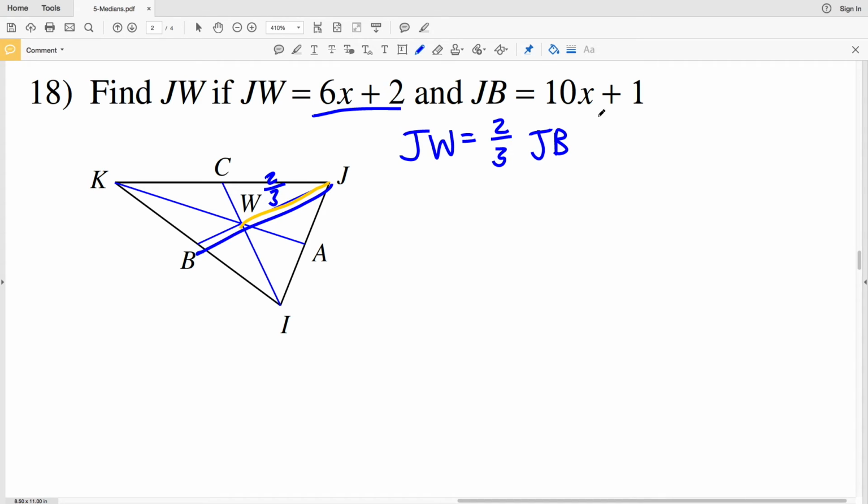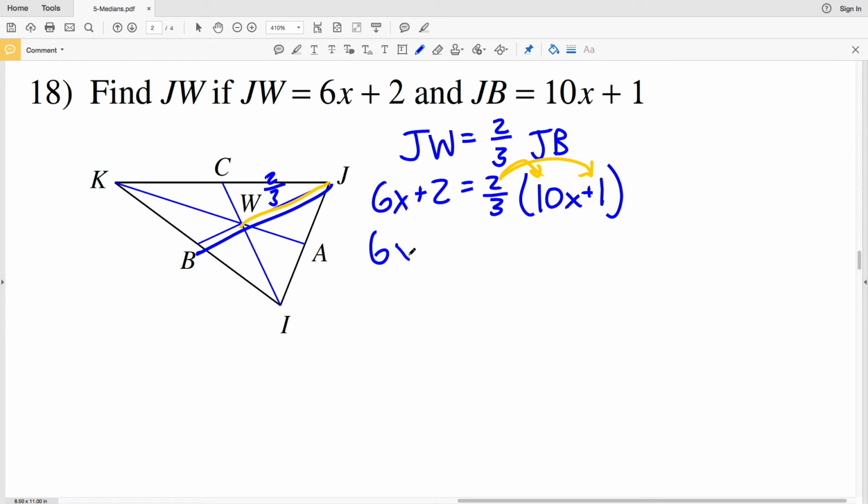Plugging in JW and JB, we'll get 6x plus 2 equals 2/3 of 10x plus 1. Distributing that 2/3, I'll get 6x plus 2 equal to 20/3 x plus 2/3.